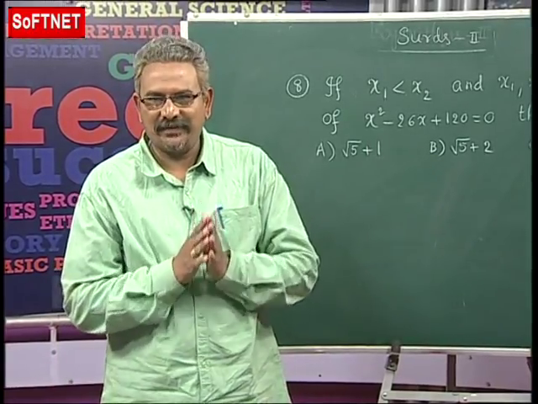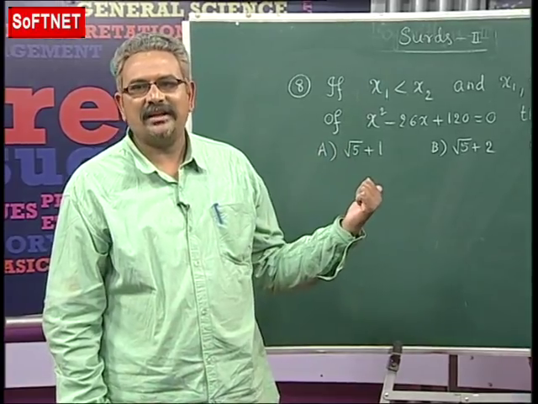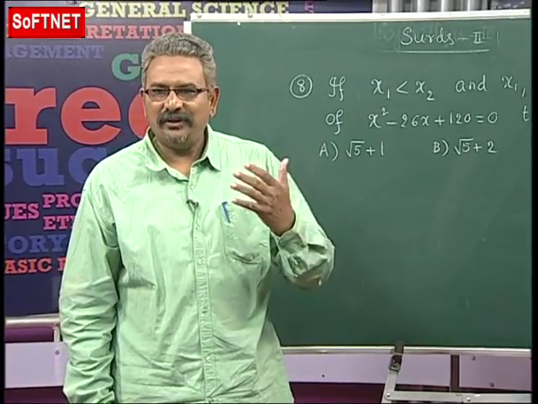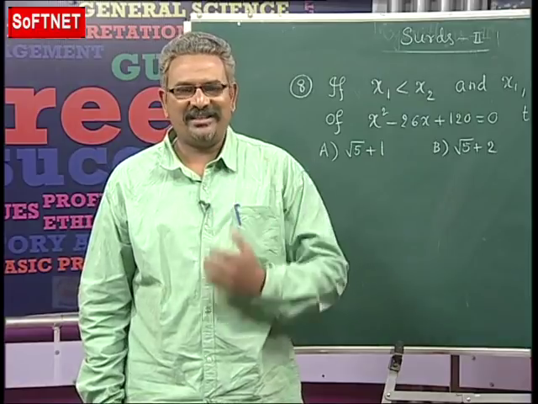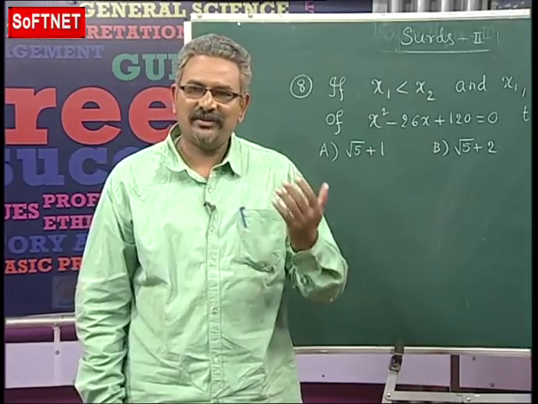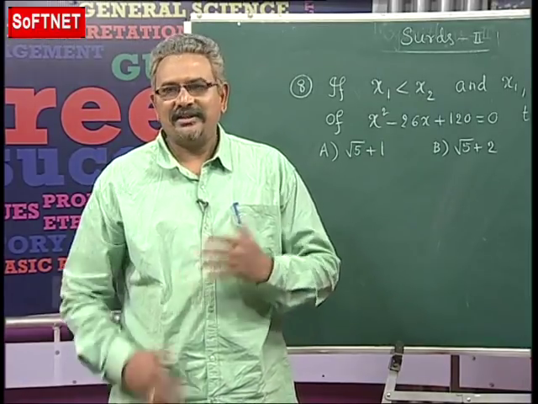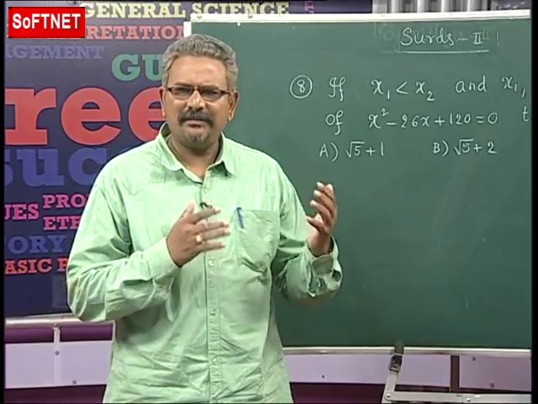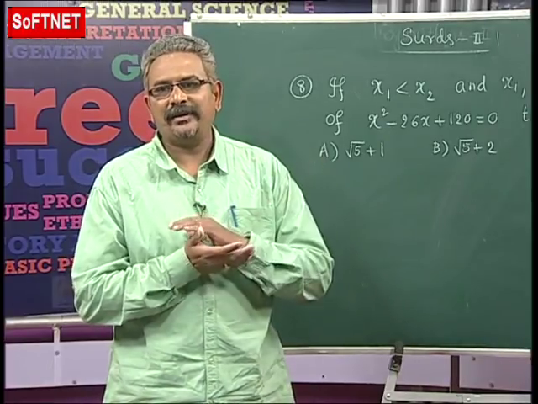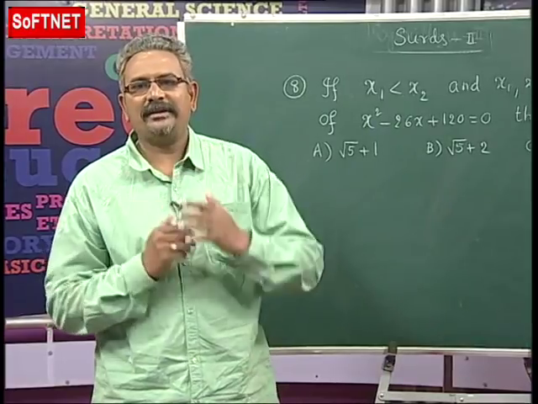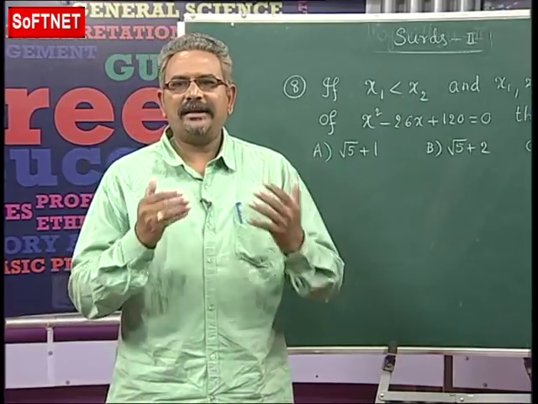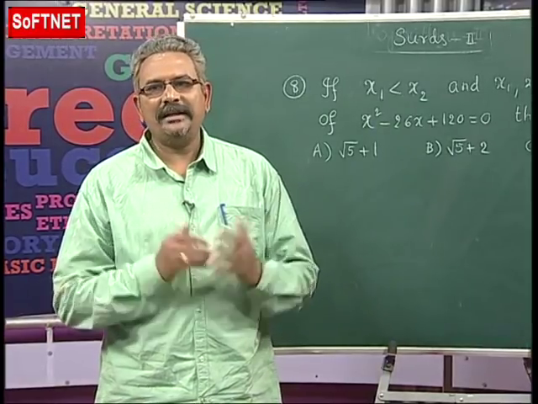So first of all we have to solve this quadratic equation. We know how to solve quadratic equations. The quadratic equation can be solved in different ways. One of the best methods is factorization if possible. Otherwise go for the formula method, minus b plus or minus under root of b square minus 4ac, by 2a.